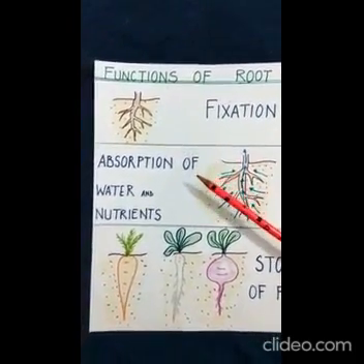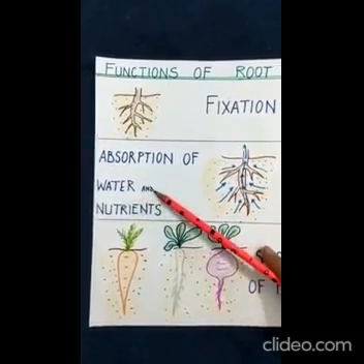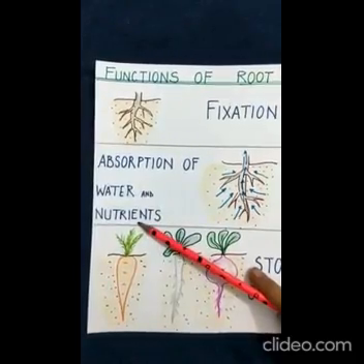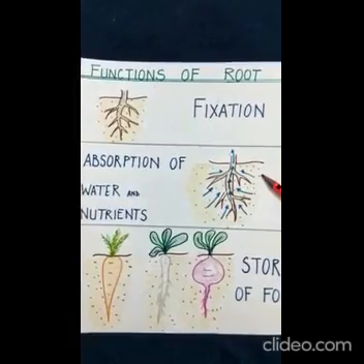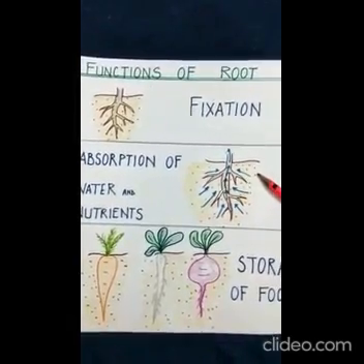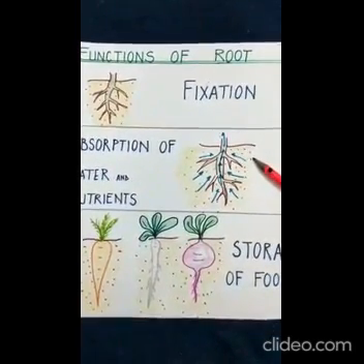The second one is absorption of water and nutrients. Children, as we need food to live, in the same way, plants also need water and nutrients.